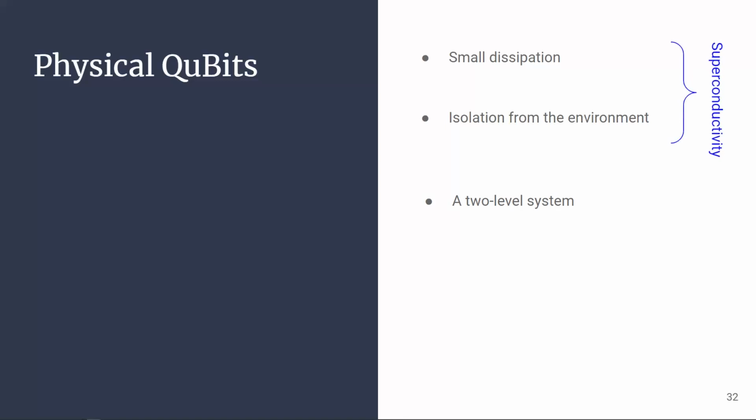So the first two criteria actually come naturally with superconductors, because in a superconductor, rather than small dissipation, you have no dissipation at all. You have zero resistivity. So that's checked.